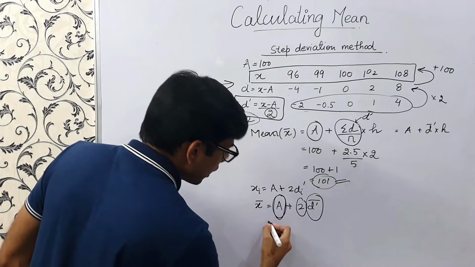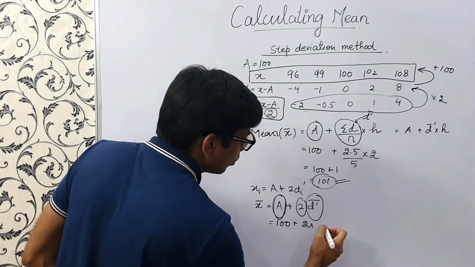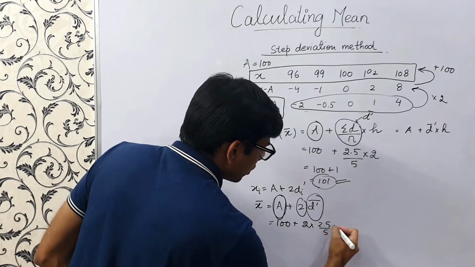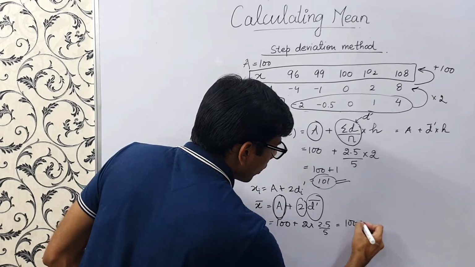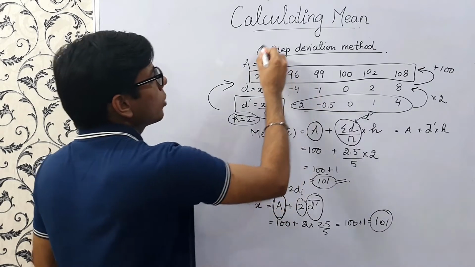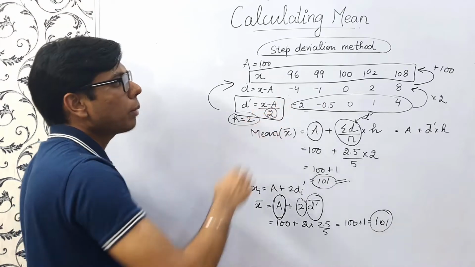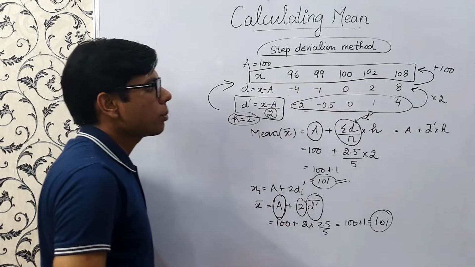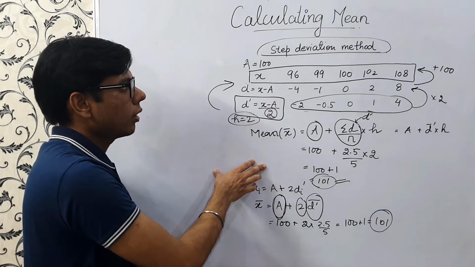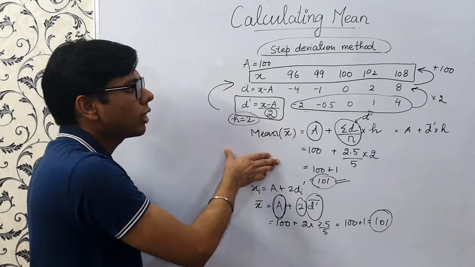So here the mean is 100 plus 2 into mean of d bar, that is 2.5 by 5, which is 1. So 100 plus 1 equals 101. This is the step deviation method. All these methods give a shortcut to calculate the mean by some manipulations on the x observations. So these are the direct method, assumed mean method, and step deviation method to calculate the mean.